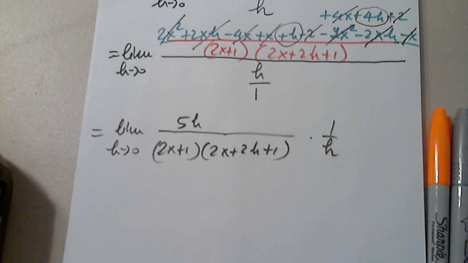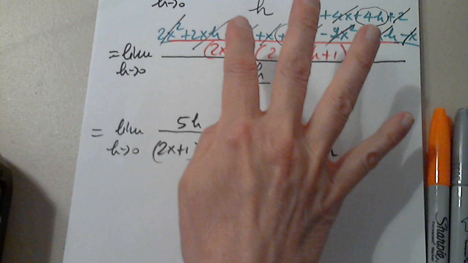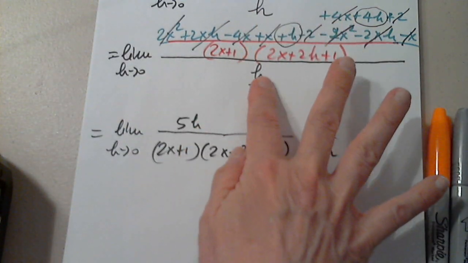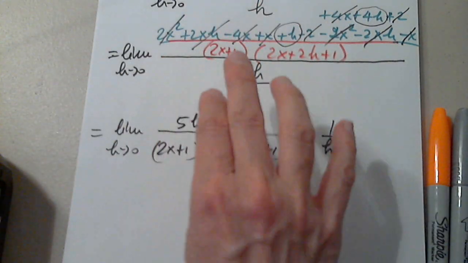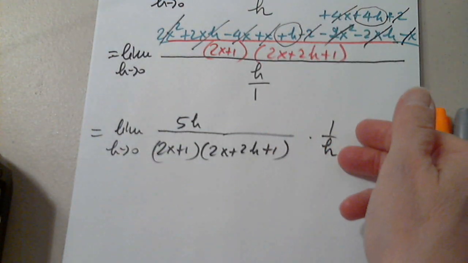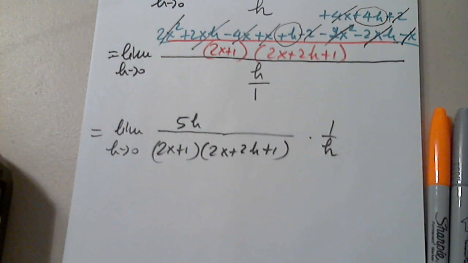Are we multiplying the denominator by h? So I have a fraction divided by another fraction. I copy the fraction from the top and I flip the fraction from the denominator. That's the rule for dividing fractions. Now what has to happen? Because if it doesn't happen, I can't continue.